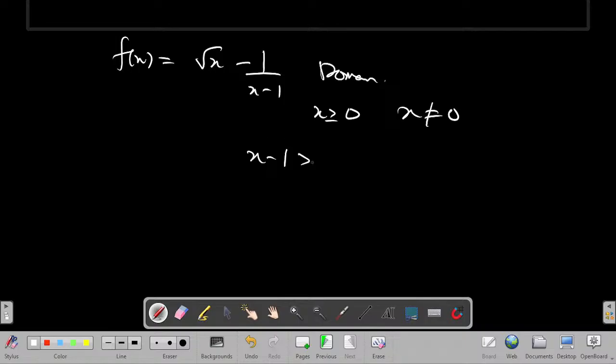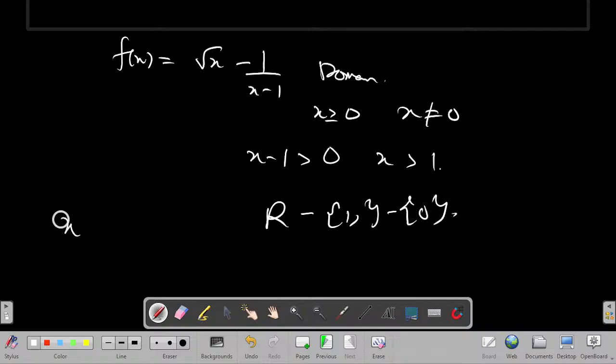So x should not be equal to 1. So we can say that x is a member of all real numbers where x is greater than or equal to 0 and x is not equal to 1.